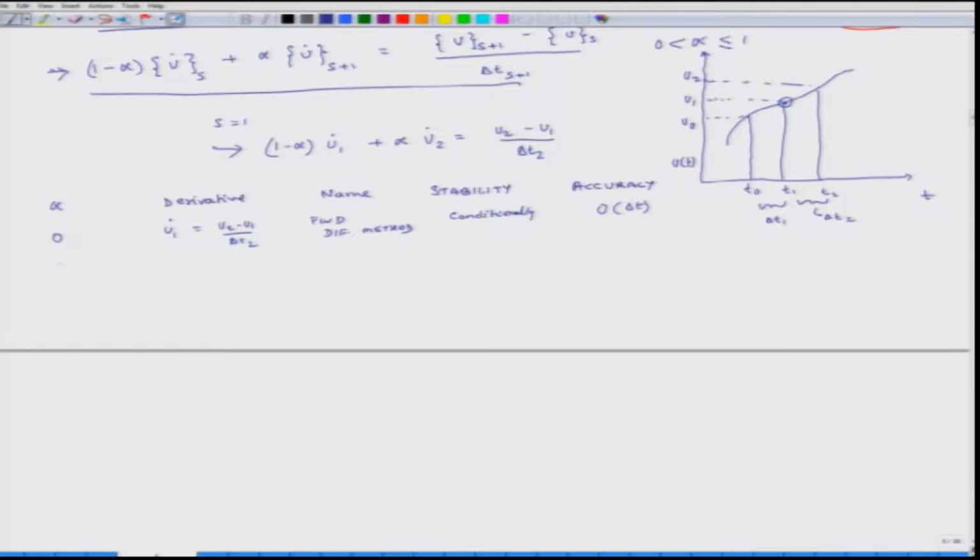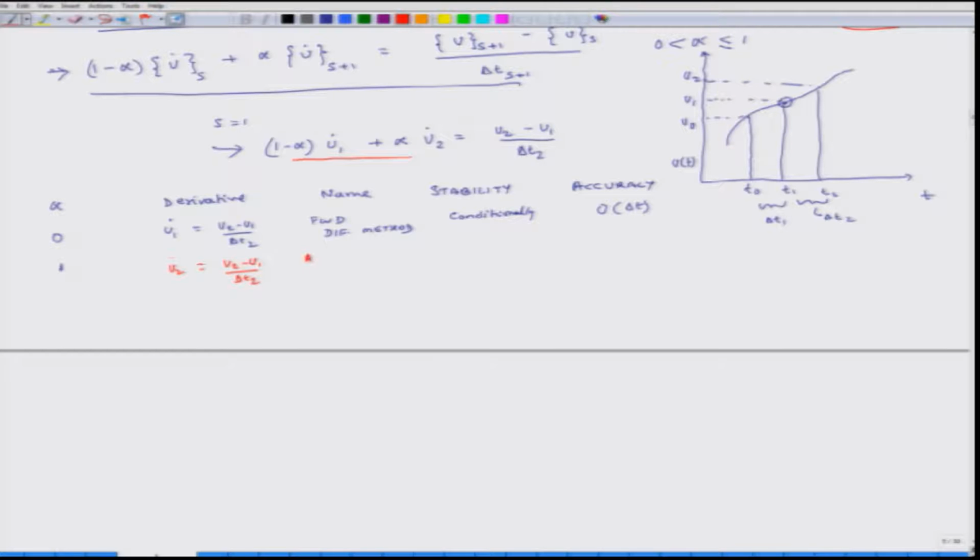The second method is when alpha equals 1. So, here if alpha equals 1, then we again look at this equation. If alpha equals 1, this u1 dot goes to 0. So, it says u2 dot equals u2 minus u1 by delta T2.